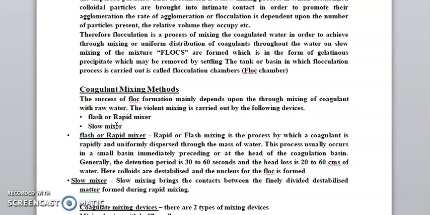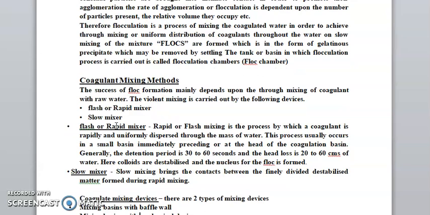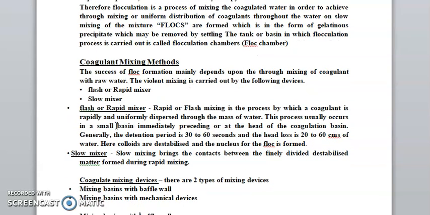Slow mixing brings into contact the finely divided, destabilized matter formed during the rapid mixing. Now, coagulant mixing devices.